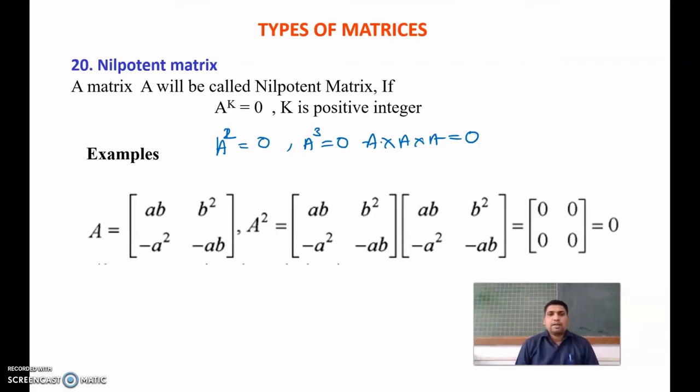That means the given matrix is a nilpotent matrix. This is an example of the nilpotent matrix. You can see here, this is our given matrix A. When we square it, A into A, we get the 0 matrix. So that means our given matrix is a nilpotent matrix.